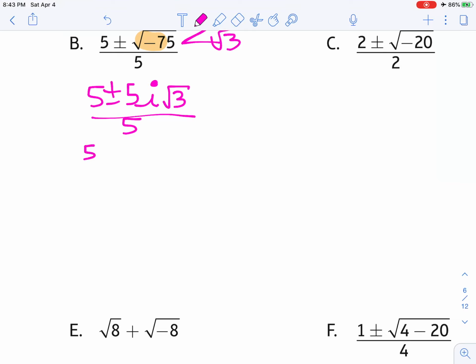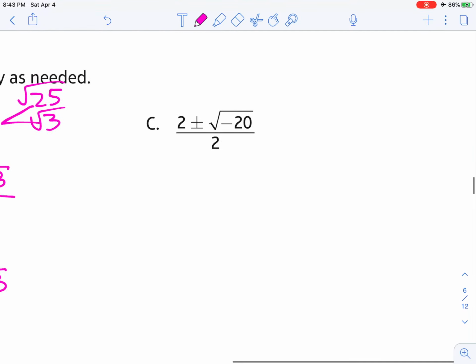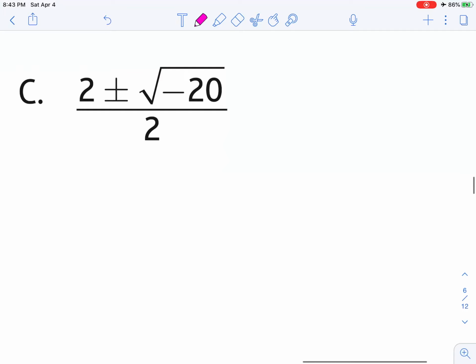Please do not just start canceling things out. It's 5 over 5 plus or minus 5I radical 3 over 5. This gets me 1. This gets me I radical 3. Okay, and this next one, same thing. I have a 2. I have a plus or minus.